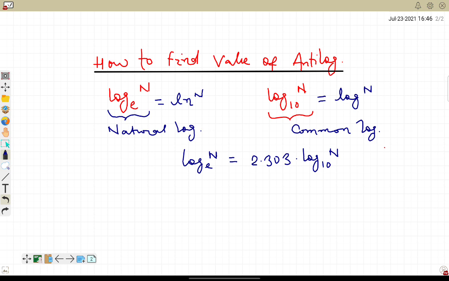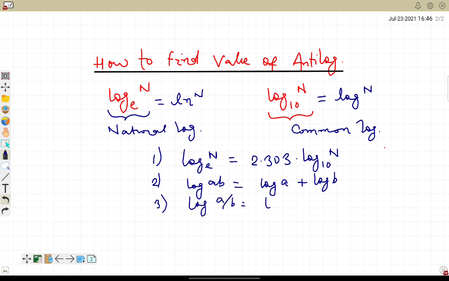First thing, this one is very important. Second, these 2 or 3 formulas we have discussed in the last videos. Log of a into b, if nothing is written then base value is 10, we can write this one as log a plus log b. Third one is log of a divided by b is equal to log a minus log b.